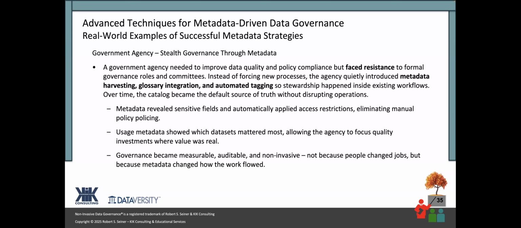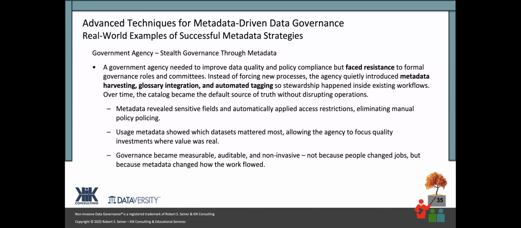This government agency actually was able to implement stealth governance through their metadata, meaning that they didn't have to highlight the importance of metadata or of data governance over and over again. They just provided the detailed metadata to their people that were using the data so that they had the proper trust level and confidence level in that data.